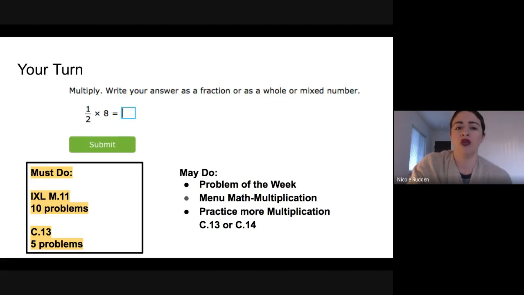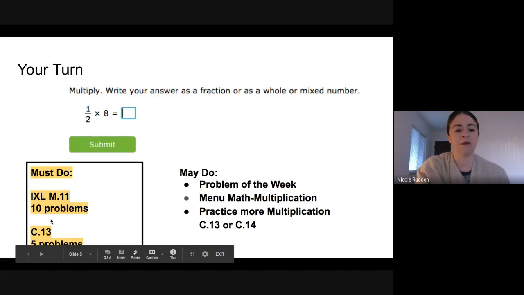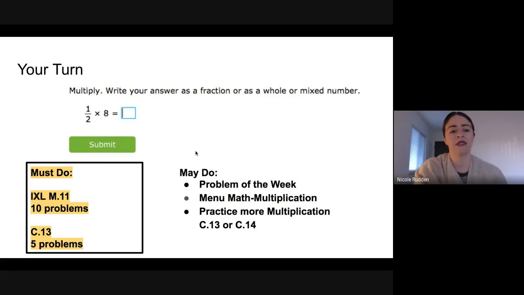You could put 8, use the slash mark on your computer, and then put the 2 as the denominator. Or you can just put the whole number, which in this case would be 4.